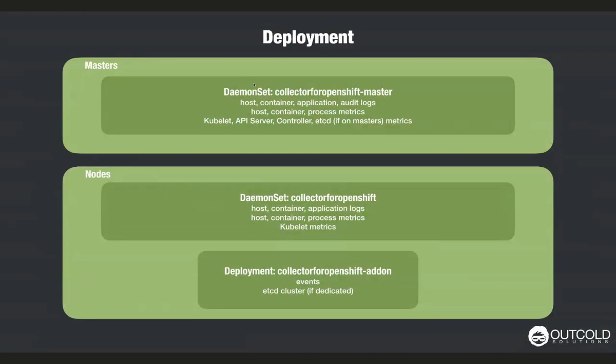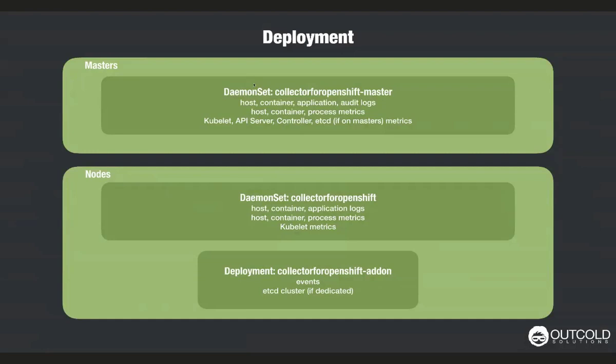After you deploy, we deploy two daemon sets, one on the master nodes where we collect all the logs, all the metrics, and also information from the control plane, like from controllers, the API server, and the etcd cluster if you're running etcd on the masters.